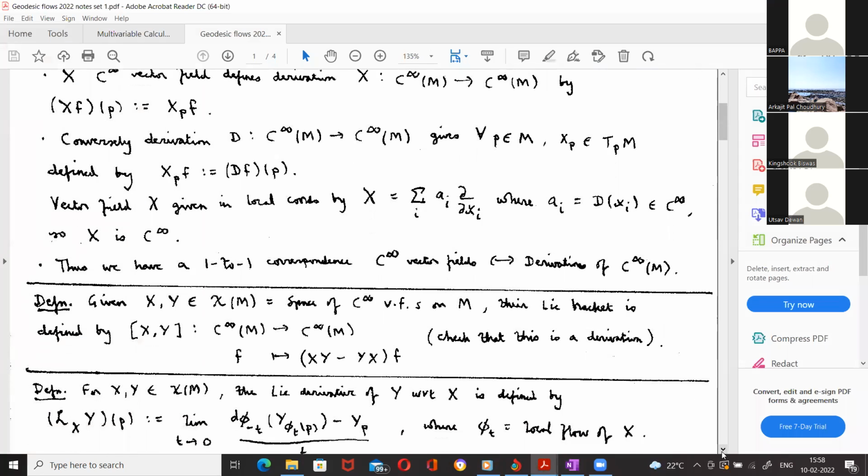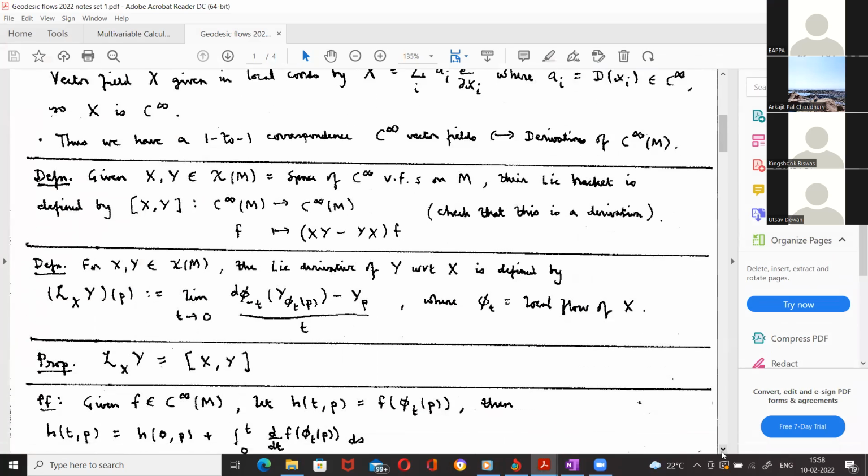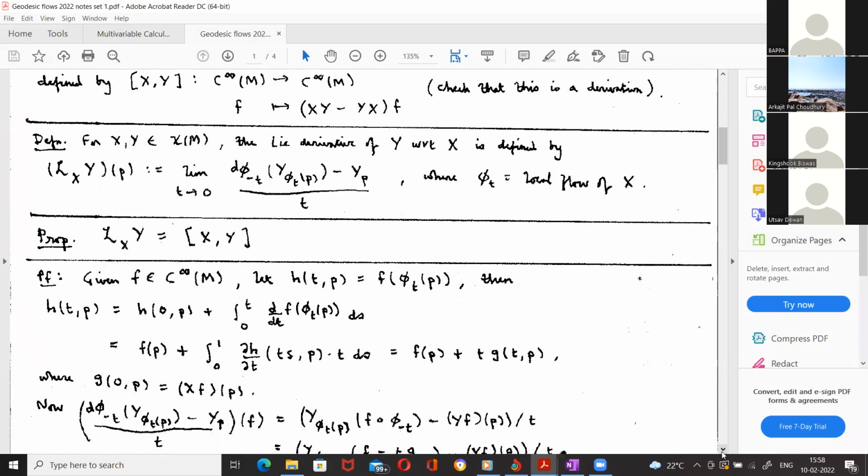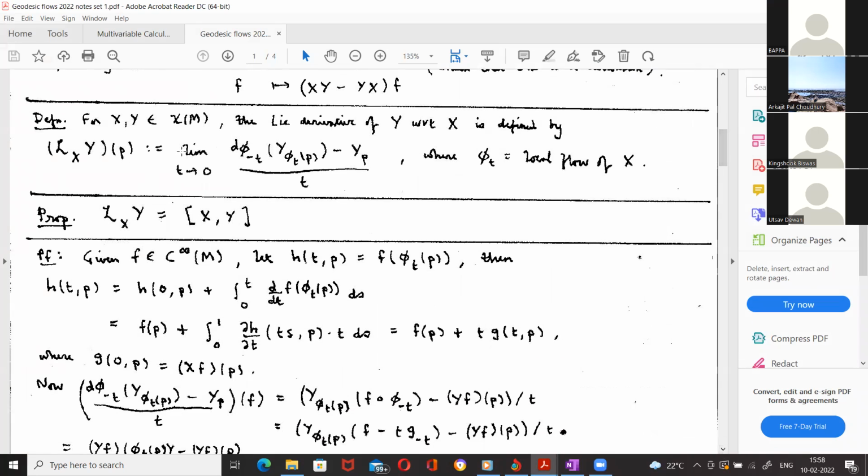Now we look at these notes. All right, so we have this Lie bracket. And given two vector fields, we can also define a sort of derivative of one vector field with respect to the other, which is called the Lie derivative. So this is going to be a vector field L sub X of Y at P, defined as follows.